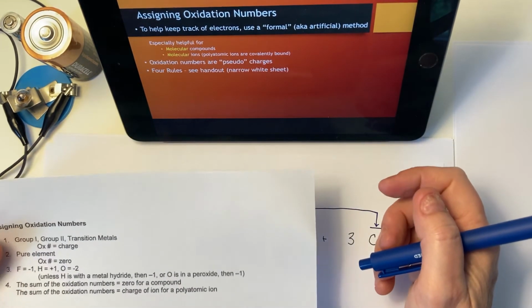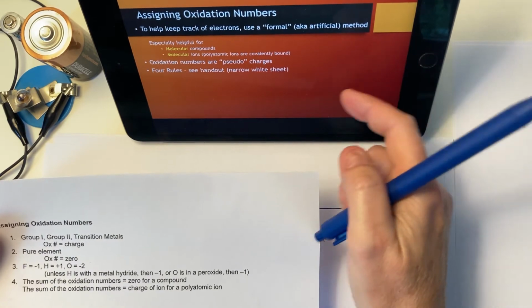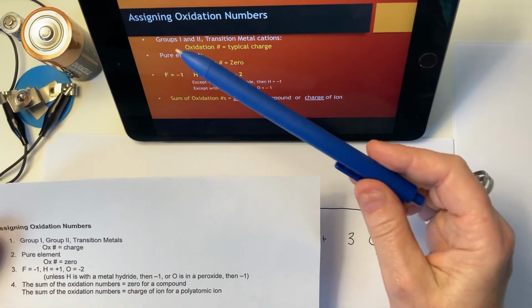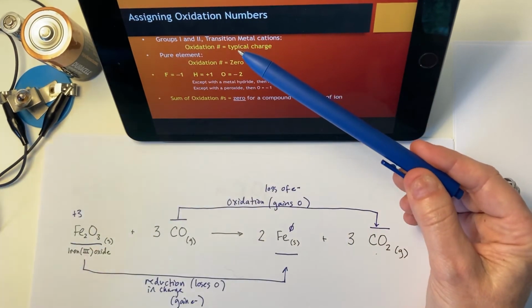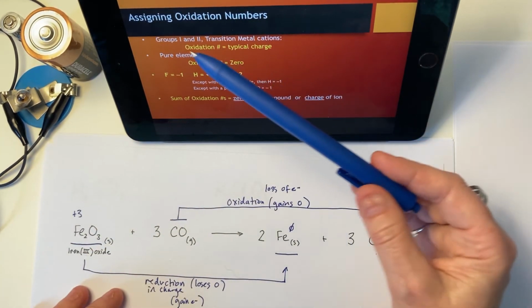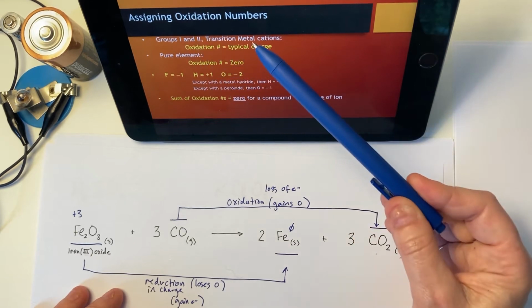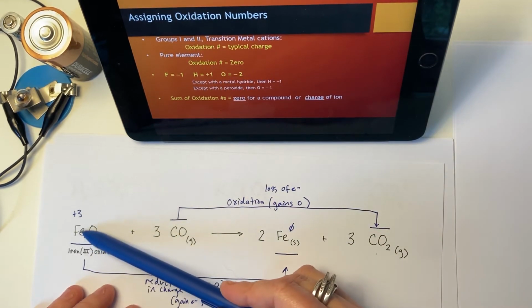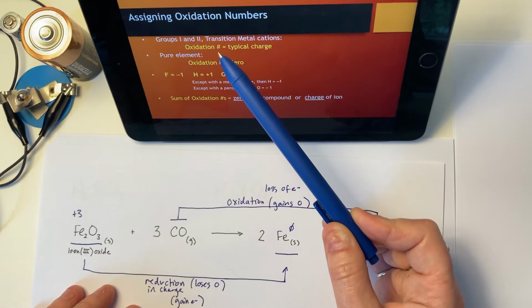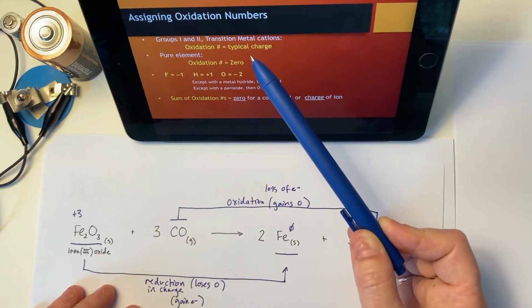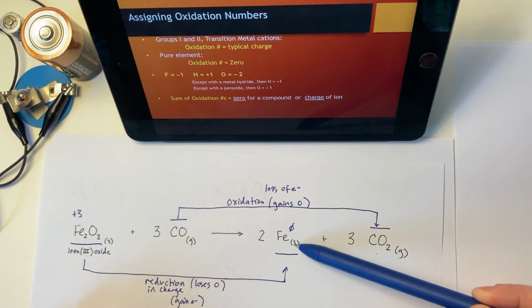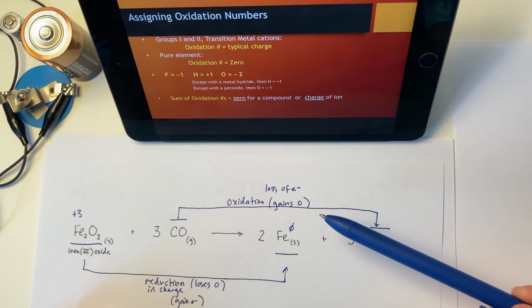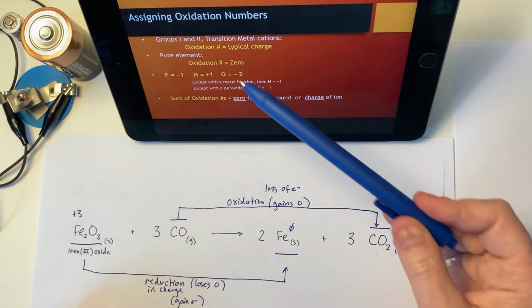So this little handout, let's talk about these rules if you have your handout. This is how we assign pseudo charges to each element within a compound. So group 1 and group 2 and transition metal cations, like iron +3, the oxidation number that gets assigned is the typical charge that it has. Okay, that's easy. If you have a pure element, like just plain old iron, or diatomic oxygen, its oxidation number is just 0.